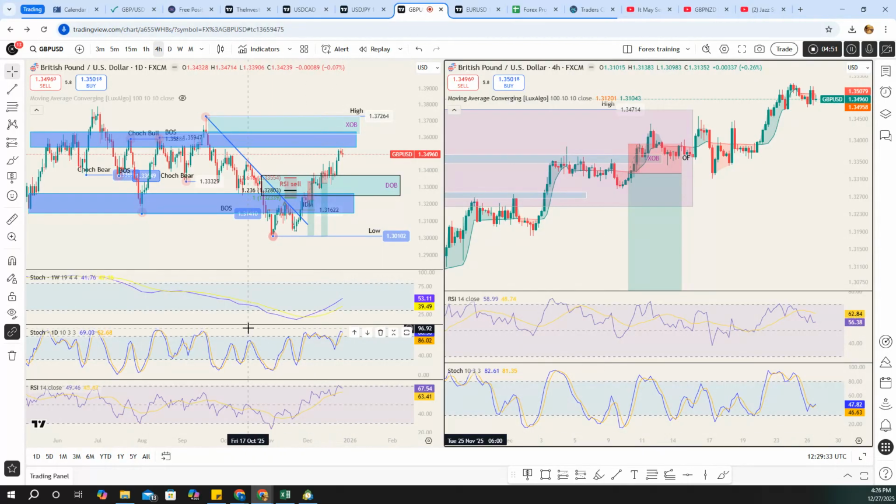So I wanted to go a step further in understanding the concept of cause and effect. What I actually started doing last week is designing a playbook based only on indicators, namely the daily stochastic, the 4 hour RSI, and another 4 hour indicator that someone designed, called moving average converging.